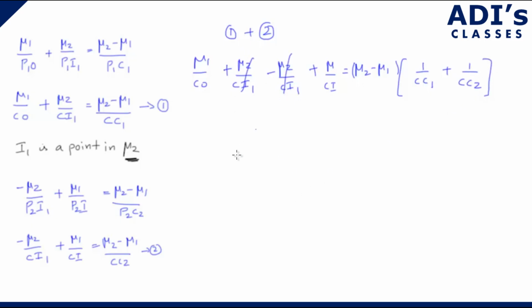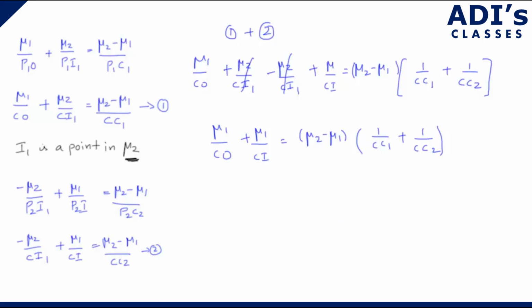So these two will get cancelled. So you just end up with mu1 by CO plus mu1 by CI is equal to mu2 minus mu1 into 1 by CC1 plus 1 by CC2, right? So this is what you have.